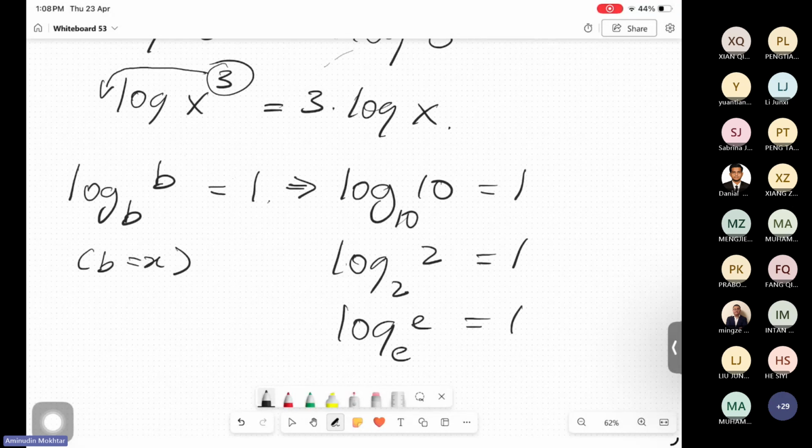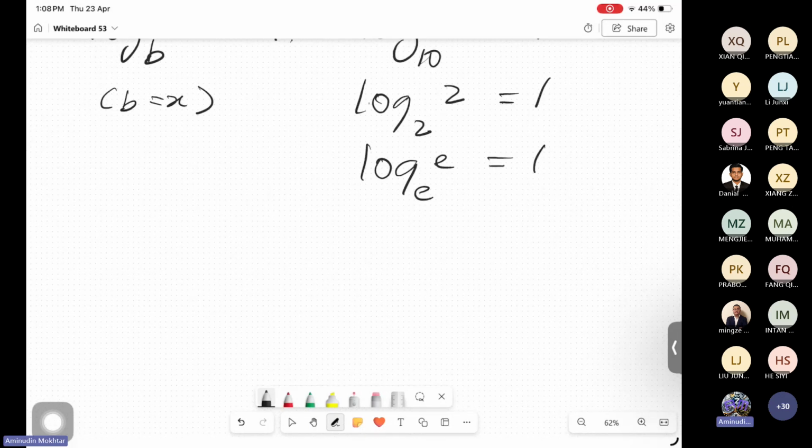That's the relationship when b equals x: the base and the value of x are equal, and the answer is always 1. And then for log 1, for any value of b, it doesn't matter what value of b, it is always equal to 0.